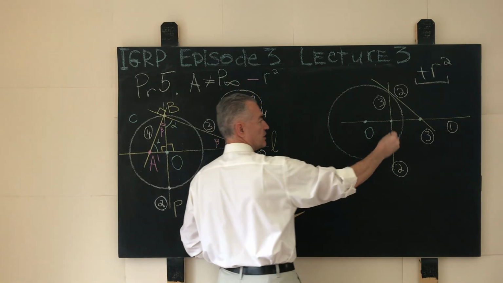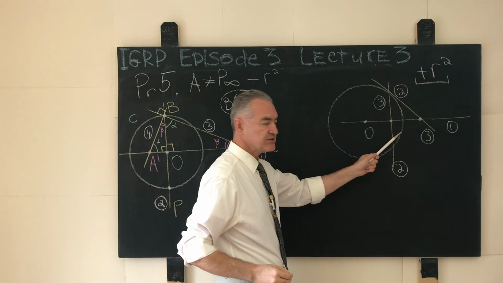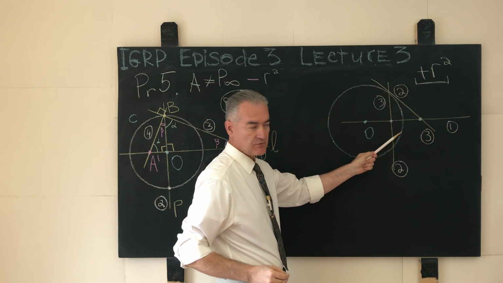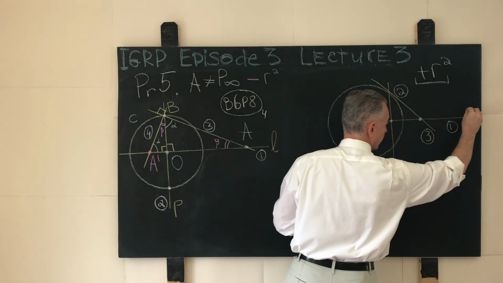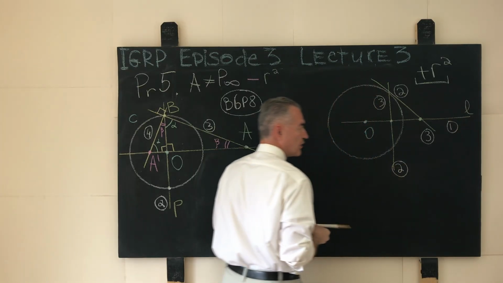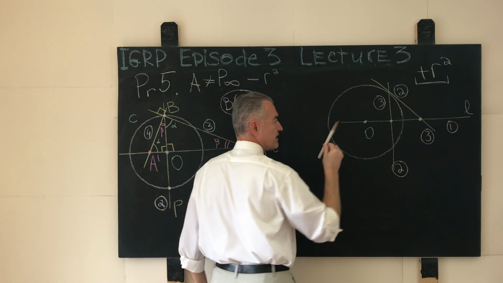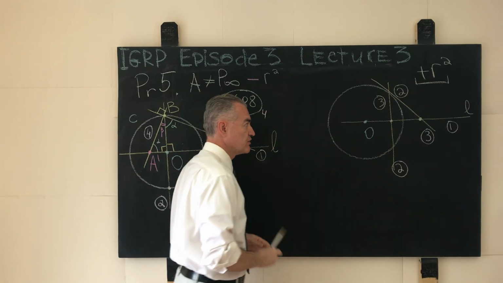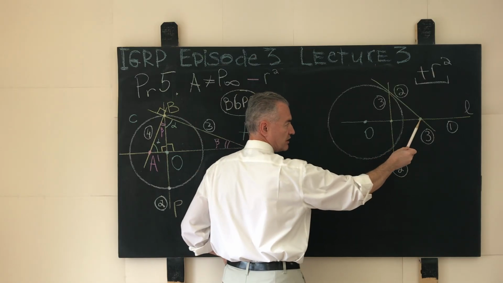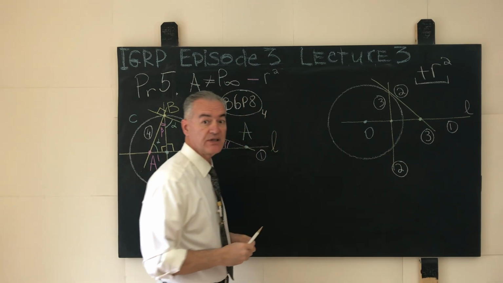When the pre-image point is located strictly inside the circle of inversion, we draw the line L, as we refer to it, first. Then this is where the deviation from the construction of the image, when the pre-image point is outside of the circle of inversion, begins.